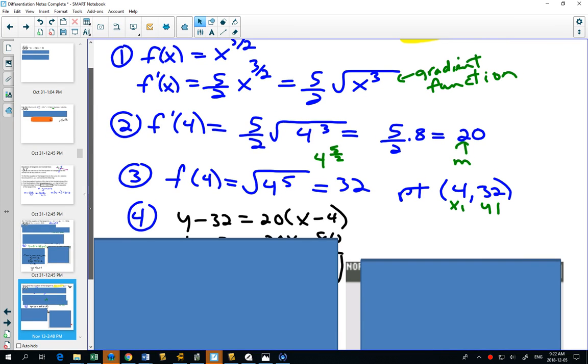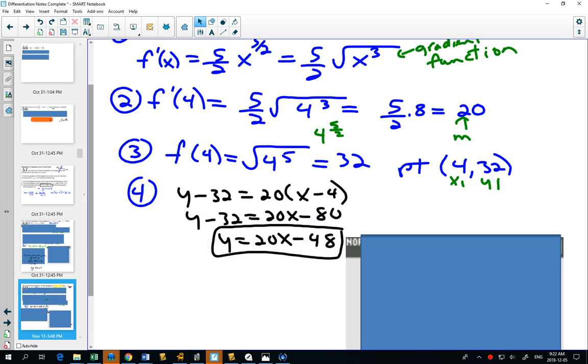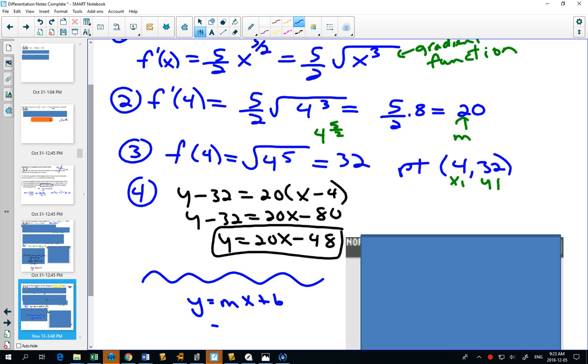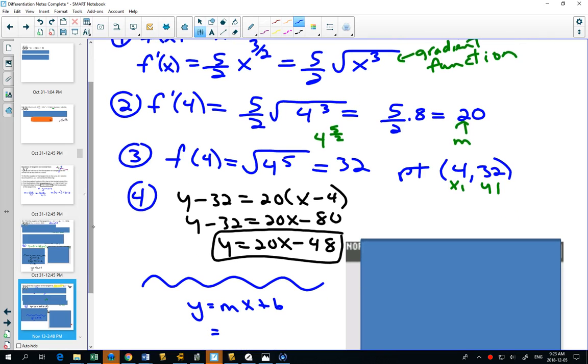And then here in part 4, you can either do point slope and rearrange it, or you could have done y equals mx plus b and solved for b. You know the slope is, was it 4? Slope is 20. The point that we have, x is 4, y is 32.